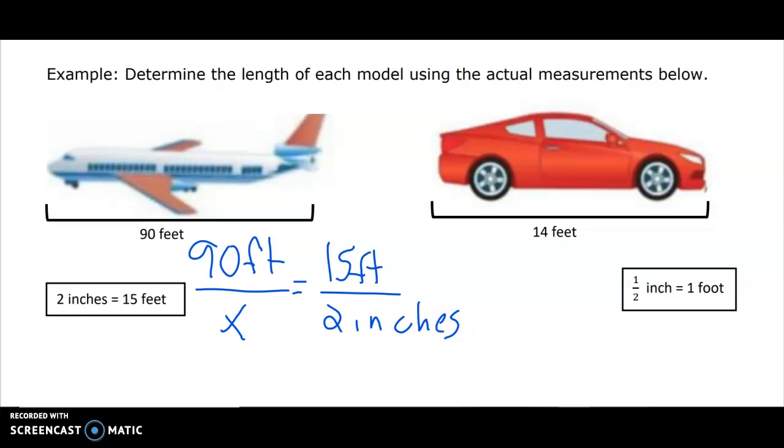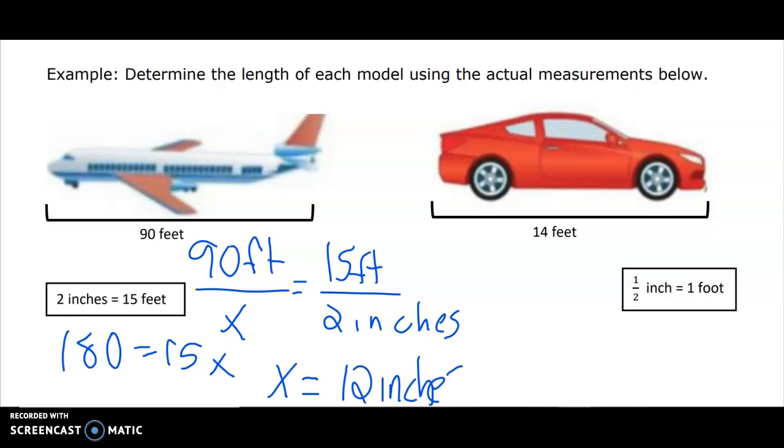And then I'm going to cross multiply, or I'm going to multiply the 90 by the 2 and get 180. And then 15x. Divide both sides by 15. And so my model is going to be 12, and I keep my units of inches.